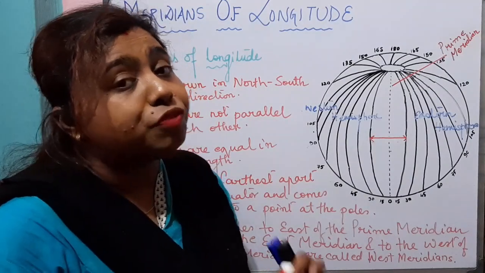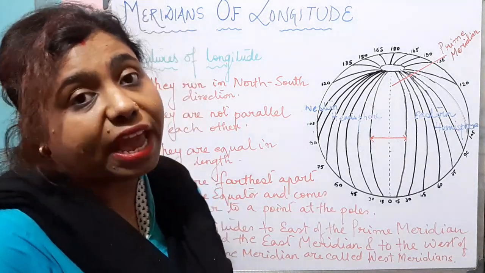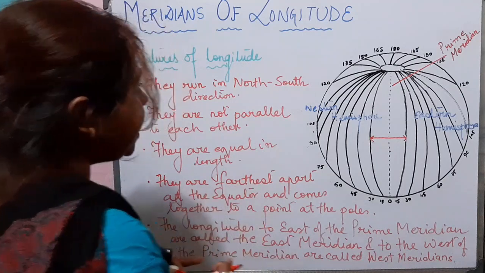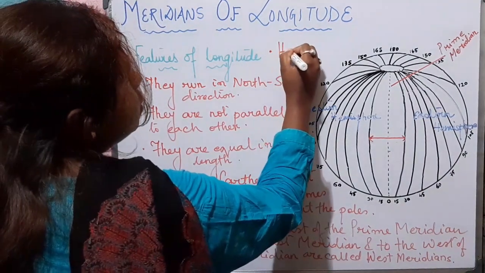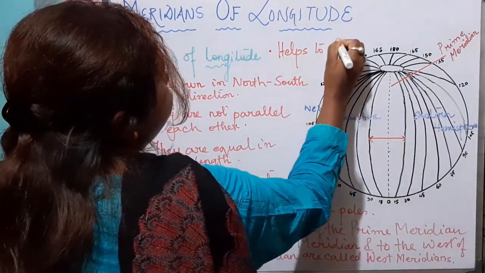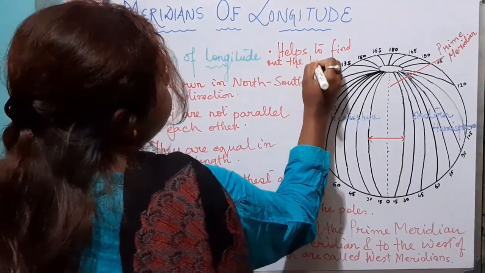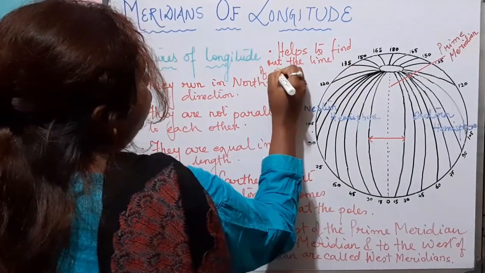Longitudes help us to find out the time of any place. So if we talk about the advantage of longitude, what is the advantage? It helps to find out the time of a place.